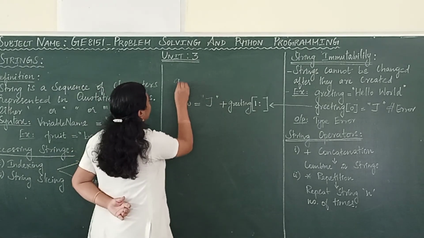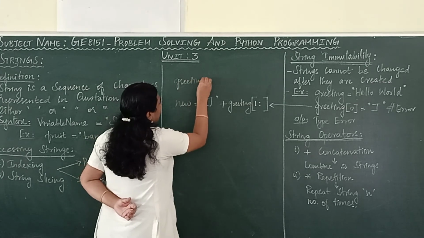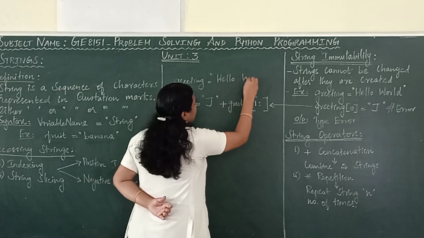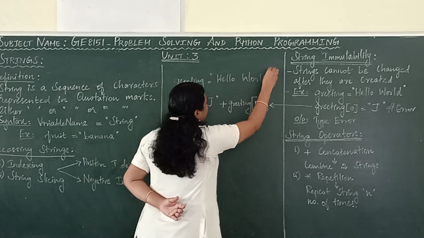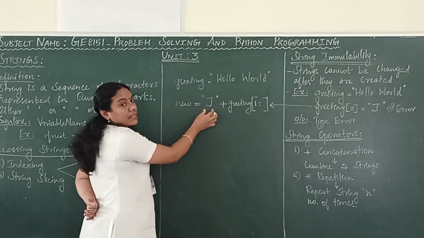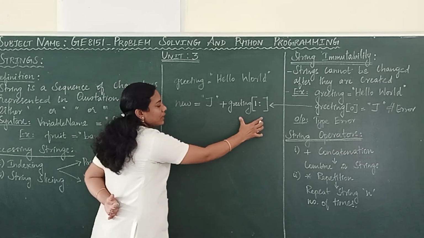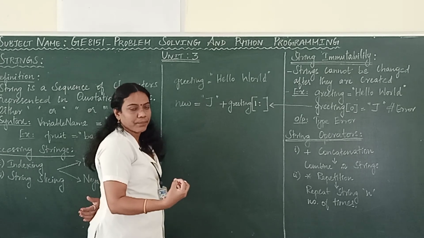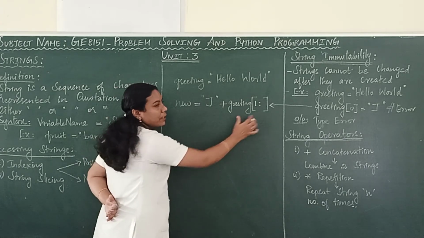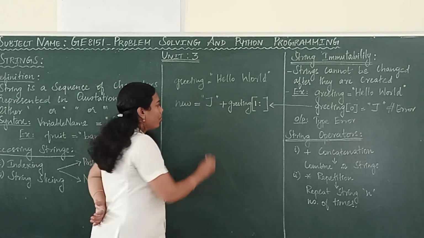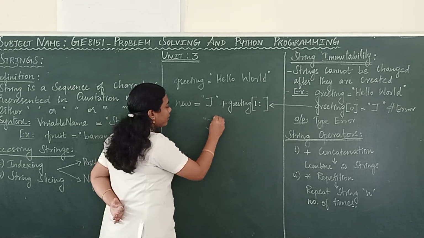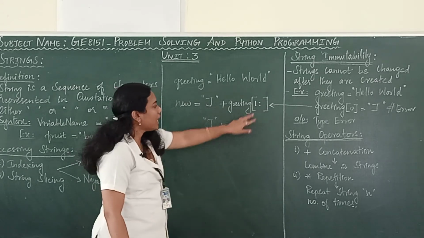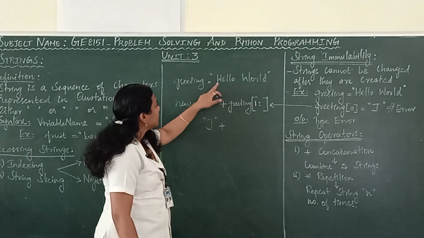Initially the greeting variable contains the words hello world. Here j is a character, followed by the slicing of a string, and the result at this position is also a string. What will the sliced output be? The starting position is given as 1, meaning index 0, 1.